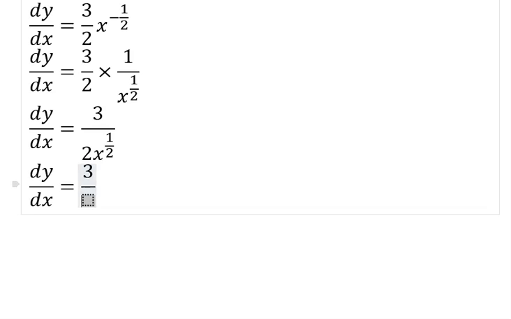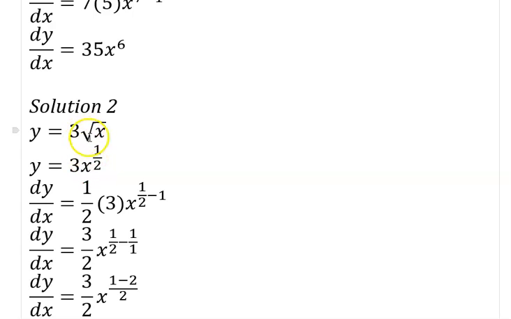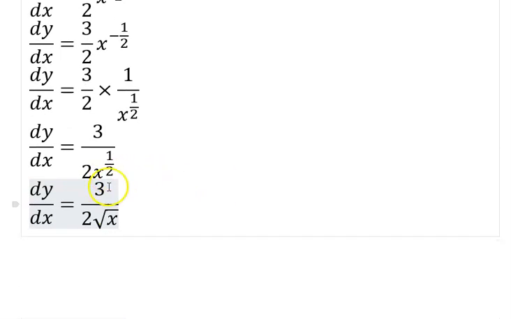You have 2 times x raised to power half, and the square root simply means raised to power half. So either you leave your answer this way, you are correct, or this way, you are still very correct.